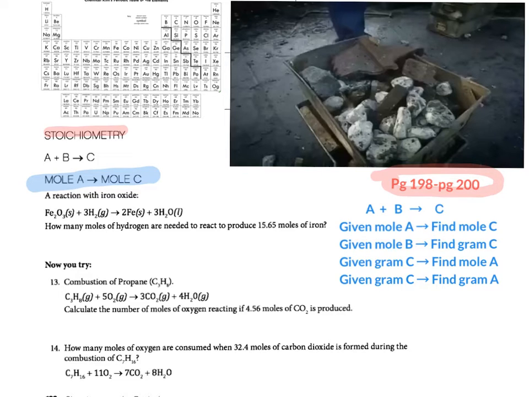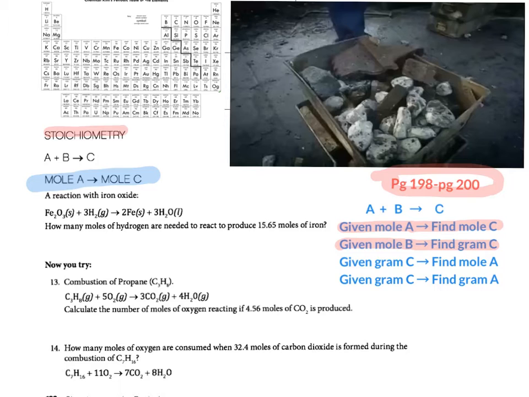The first type that we'll look at is when you'll be given a mole quantity of one material, you want to find the mole quantity of another material. So that's one type of stoichiometry problem. The next type of stoichiometry problem is where you would be given a mole quantity of one material, you want to find the gram or the mass quantity of another material.